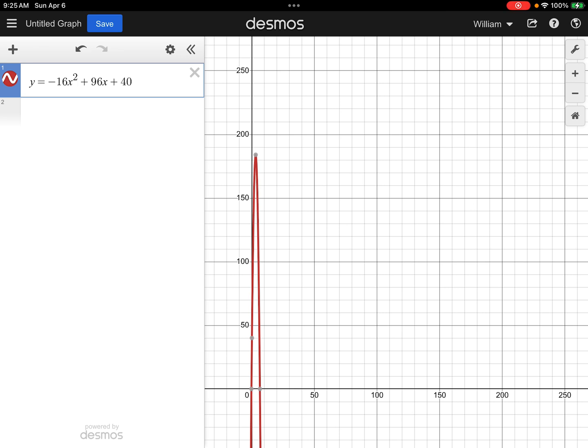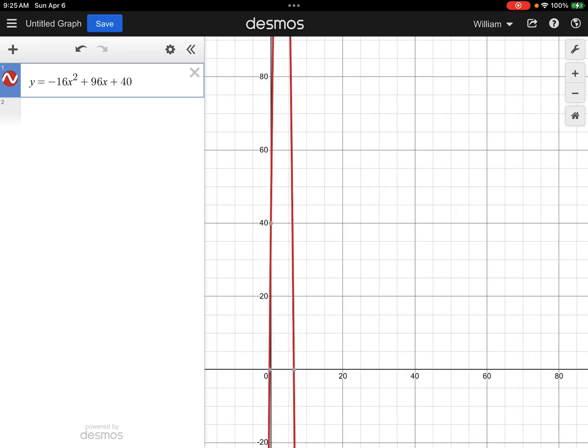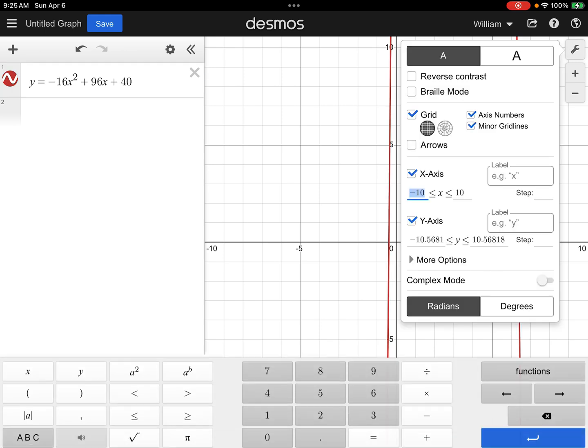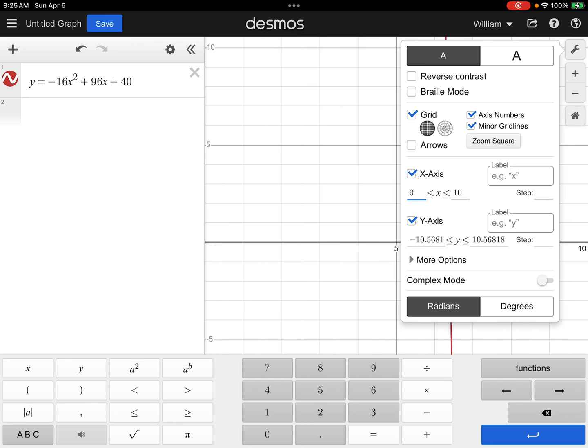So maybe what I want to do is set my window so it'll be easier to see. So it says 3 and 184. So what I'm going to do here is click on my wrench, and I'm going to go from like 0 to 10 seconds. 0 because it's real life and time can't be negative.